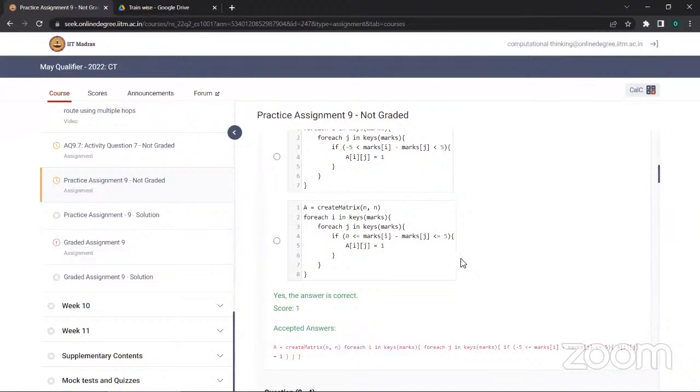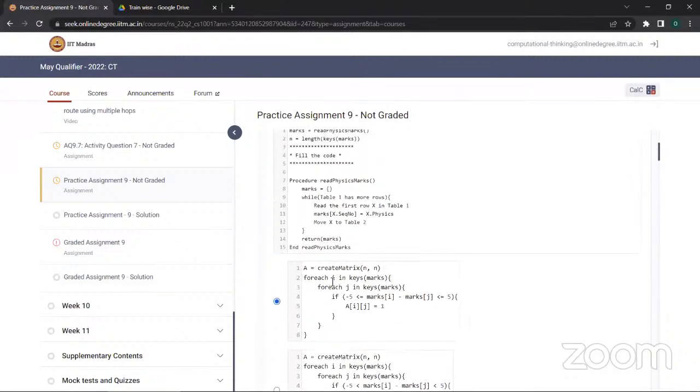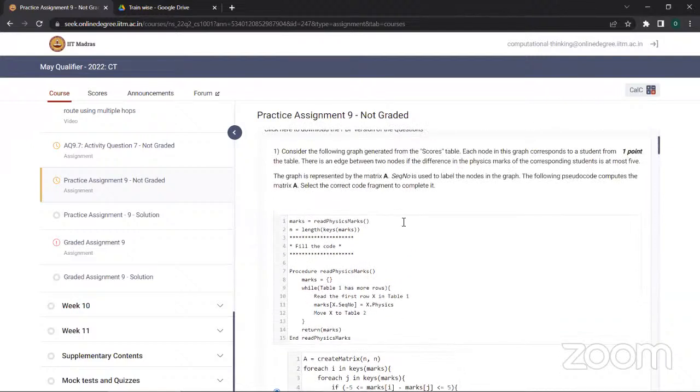Okay, do you remember which option is correct? Option 1, 2, 3, 4. It's 1, sir. Okay, the first one is correct. So you are saying I and J, we are not checking that. And is it required to check that in this question? Yes, sir, marks in physics.